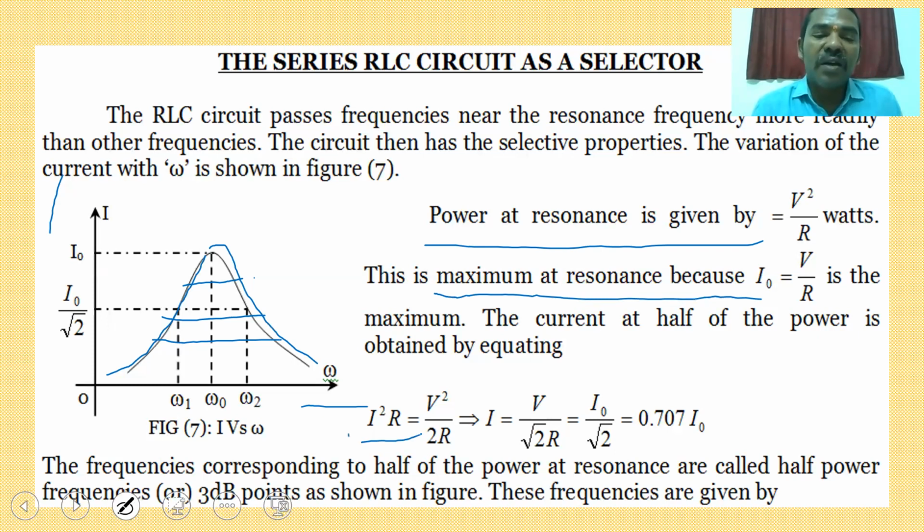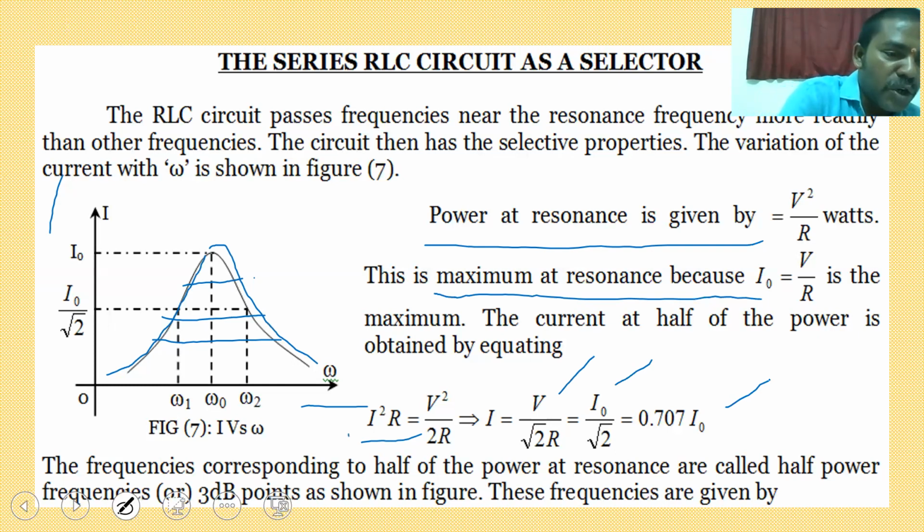Now 50% of the power you have to take. So I square R is equal to V square by 2R, or I is equal to V by root 2 R. What is V by R? V by R is I naught. So I naught divided by root 2. Root 2 is 1.414, or the reciprocal of root 2 is 0.707 into I naught.